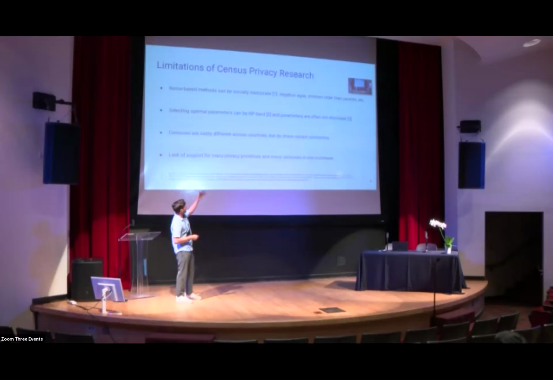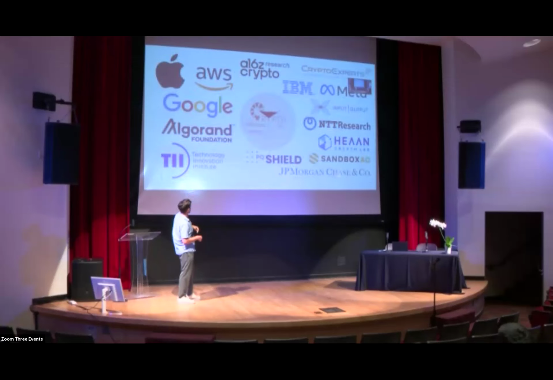There are other inherent aspects of census type data, such as children being older than their parents, which can't reasonably happen. And so it introduces a pretty interesting paradigm of privacy preserving technologies that at the same time need to preserve these axioms of the type of data that's being collected. Similarly, selecting optimal parameters is very difficult.